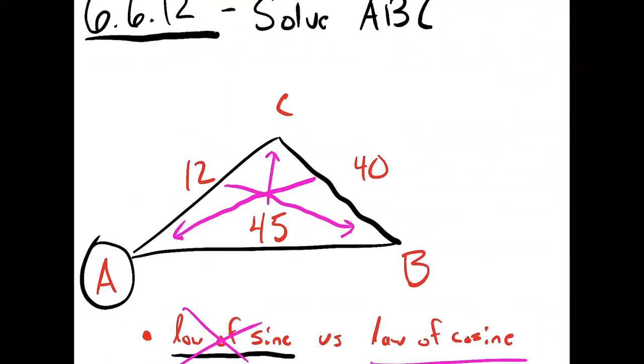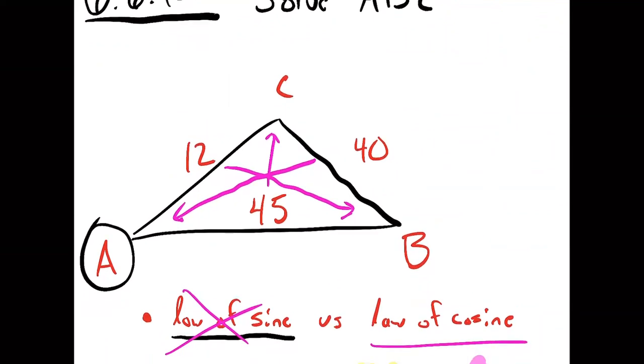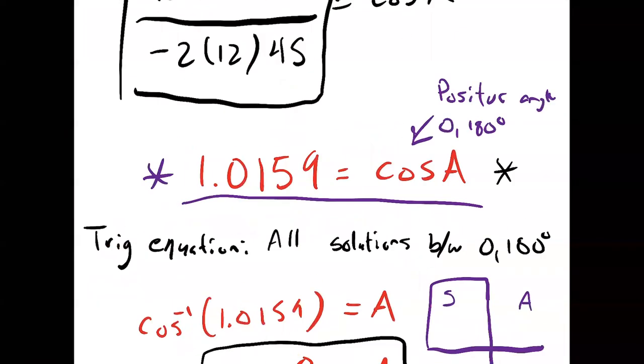So now that we have an angle here, you could apply the law of sine, or you can just apply the law of cosine again. Let's do the law of cosine. Let's do it on B here. So let's scroll back down. Okay. So again, we're going to have b squared is equal to a squared plus c squared minus 2ac times cosine of big B.